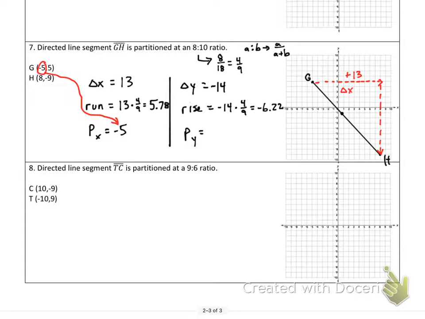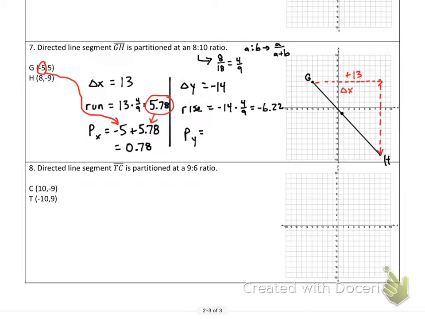And then I add that to the run. And that gives me a P sub X of, any takers? Yeah, there you go, 0.78. If you just write 0.78, I'm fine with that. I like to write the 0 in front of it.